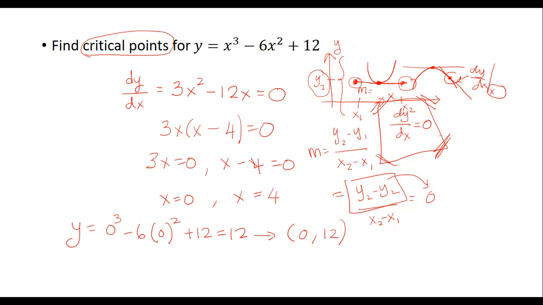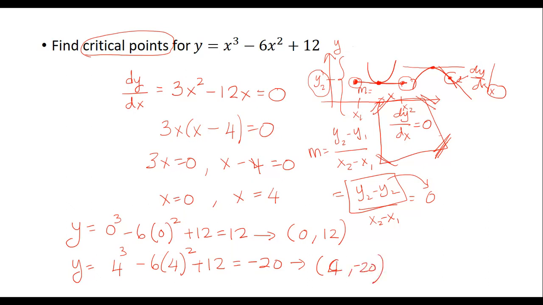Then we do the same for the next point: 4 to the power of 3 minus this one. Just calculate using your calculator, no need to bother yourself with this. You calculate and then you get negative 20. So your next critical point is 4 and negative 20.